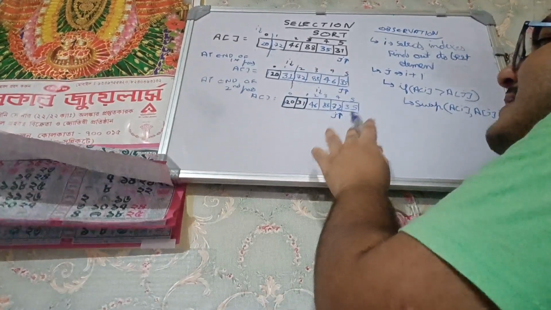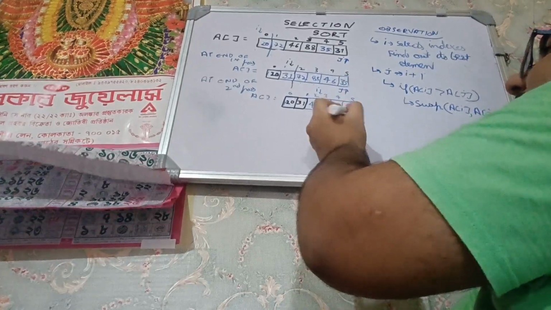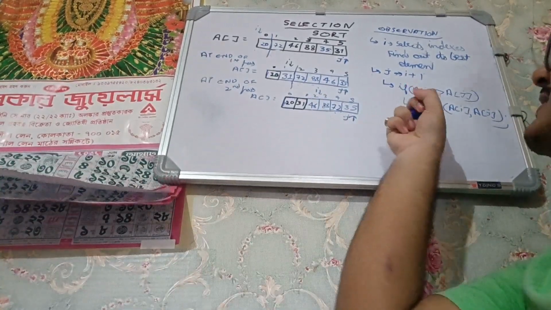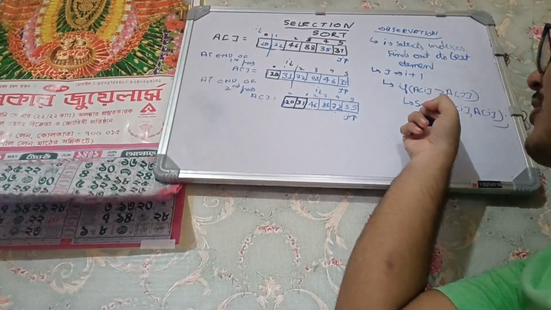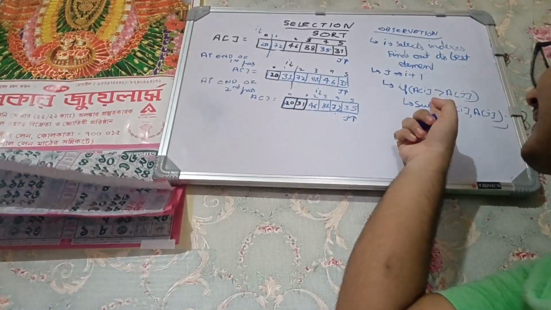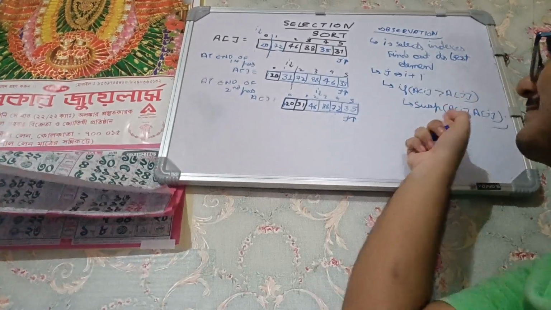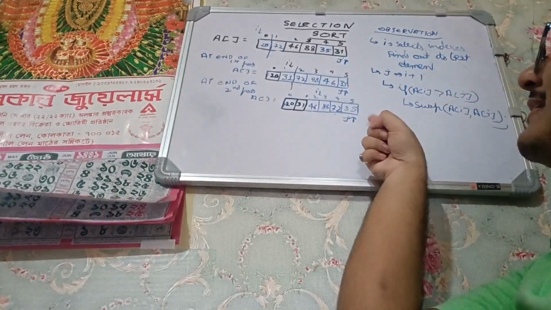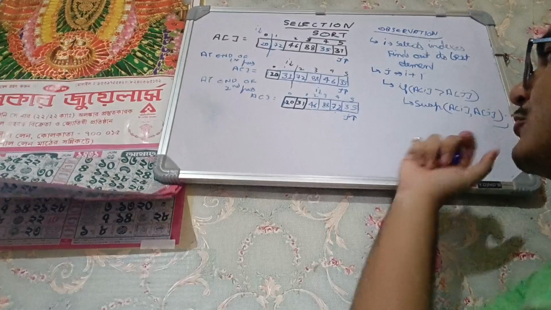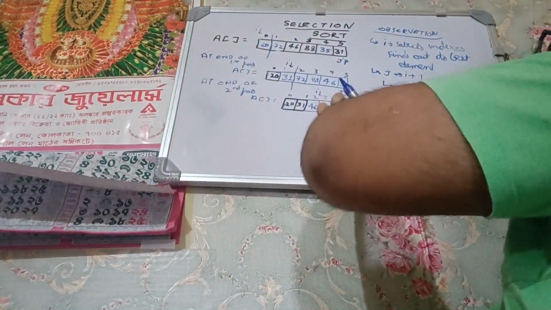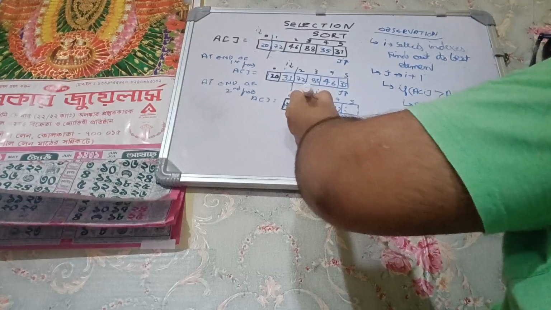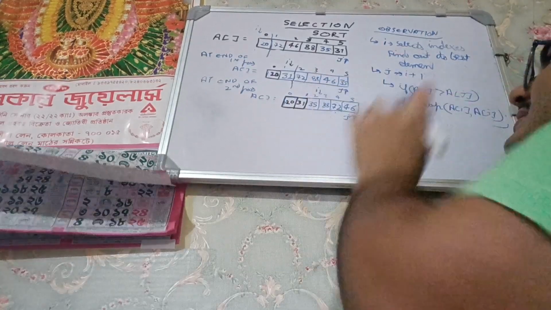So 72, now J moves to the next index, and as per this condition, if A of I is greater than A of J, okay, A of I is 46 and greater than A of J, the condition is true, so swap these elements. Okay, very good, 46. Fine.